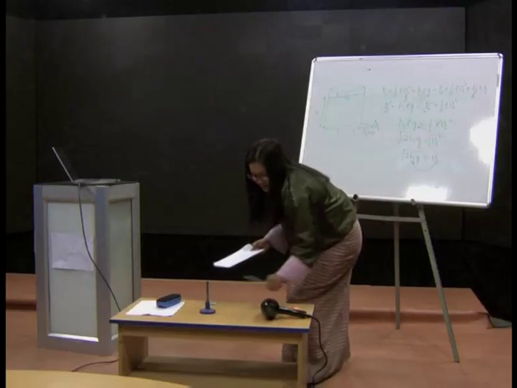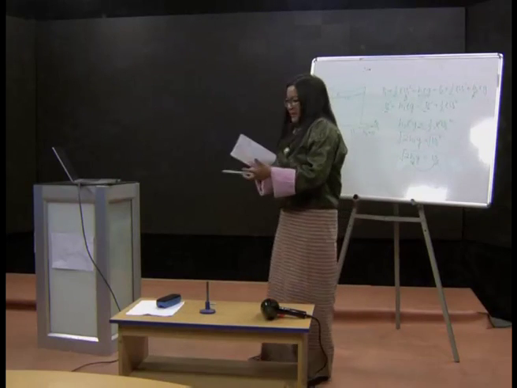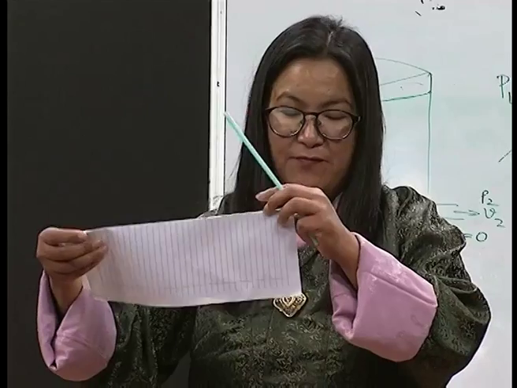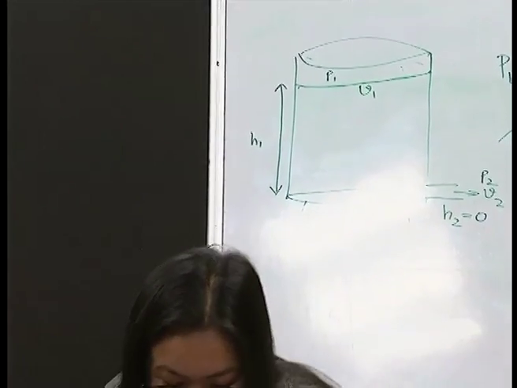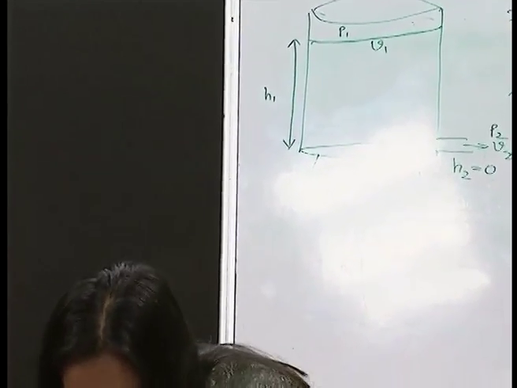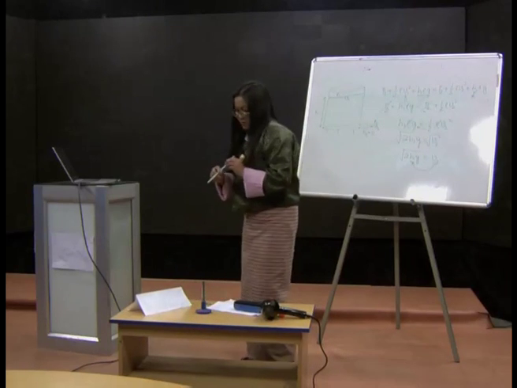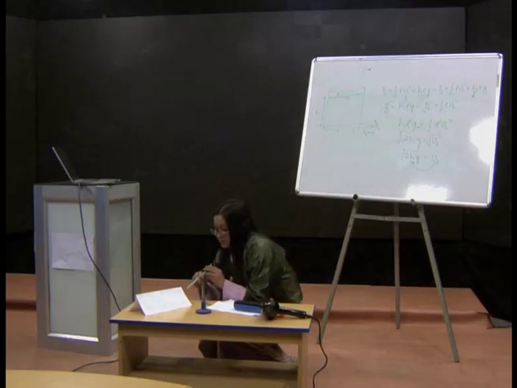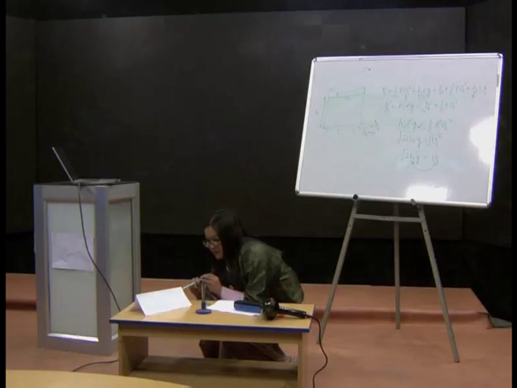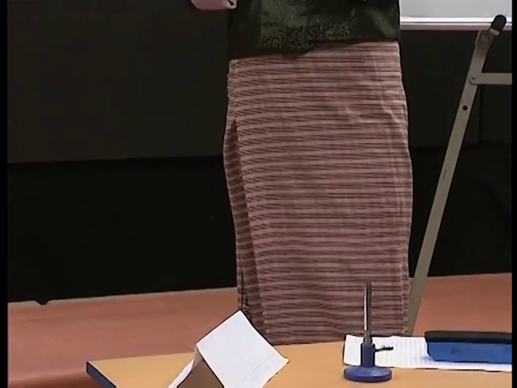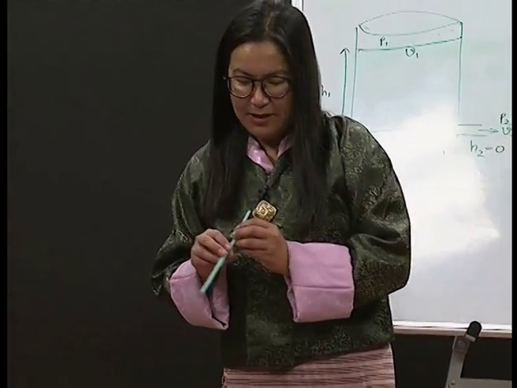So, here I have a paper which is folded in the shape of V, and I am keeping it here, and here is a pipe. So, now I will blow air inside this V shaped paper. So, what do you think will happen? Have you done your prediction? Okay, now let us see what actually happens.